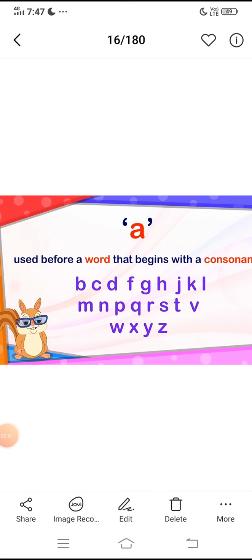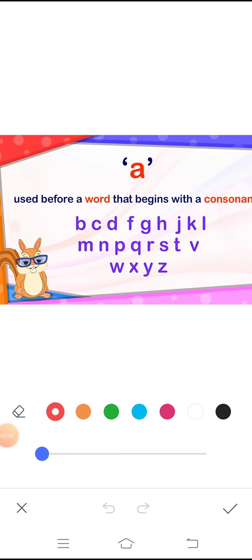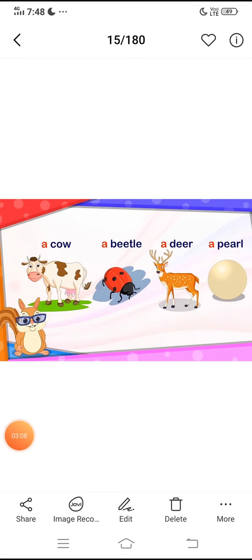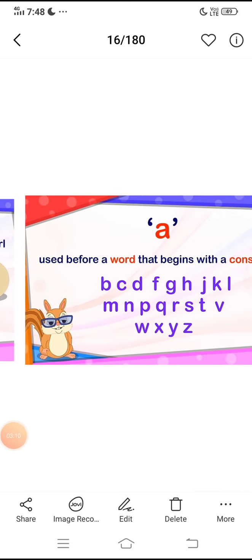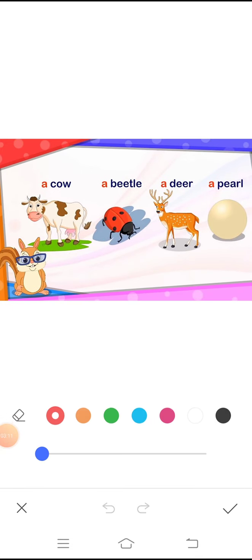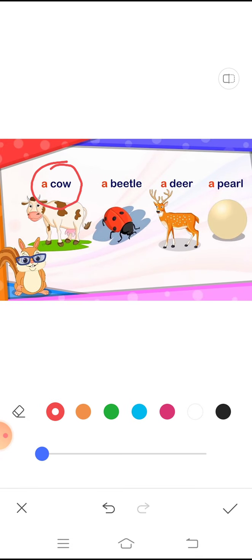And also, a is used before a word that begins with a consonant. We already saw what consonants are. So a is used before a consonant sound. For example, a cow, a beetle, a deer, a pearl.